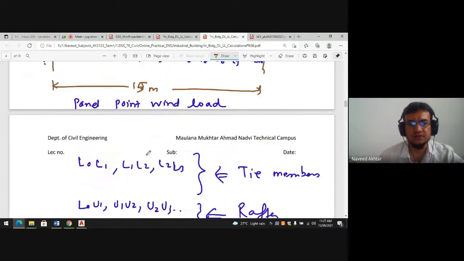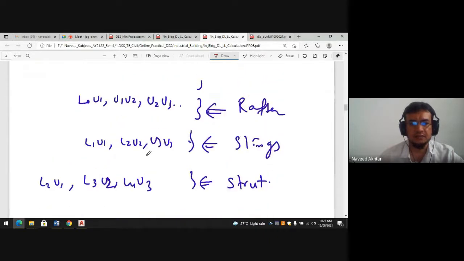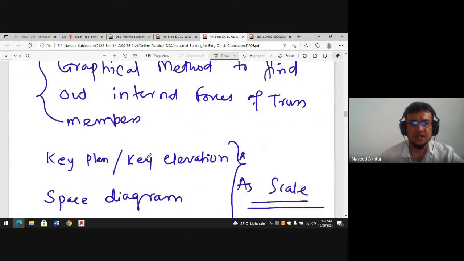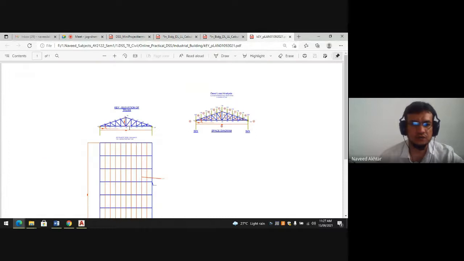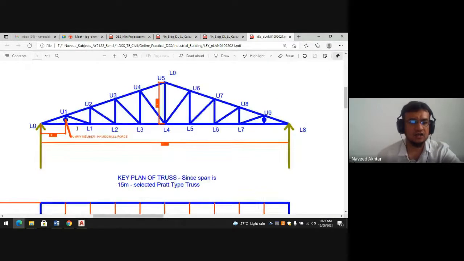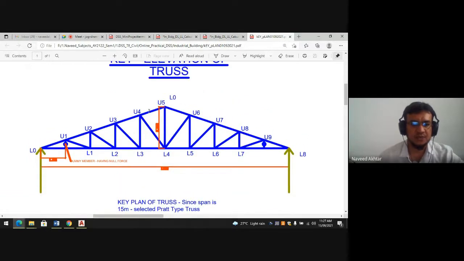All these loads we have calculated, the members also we have selected, and then we have drawn the key plan and key elevation of your industrial building. The key plan of your truss shows the lower chord members and the upper chord members.